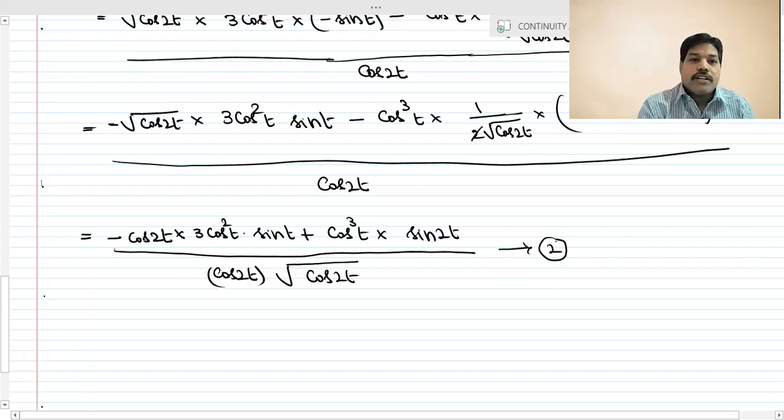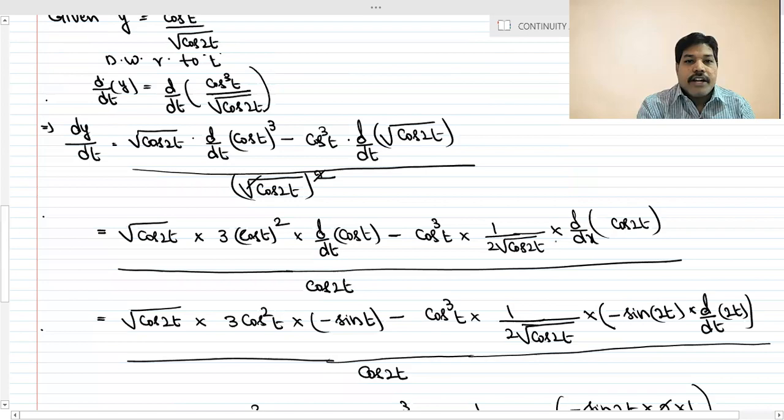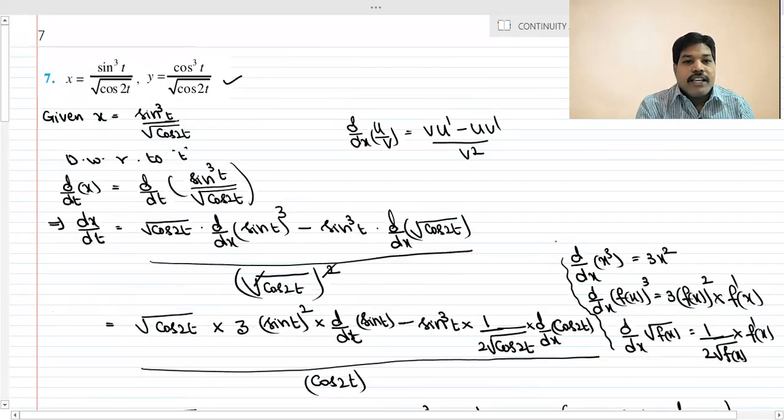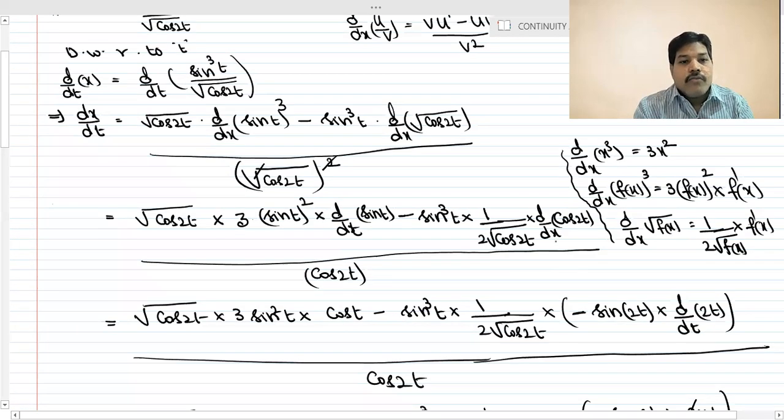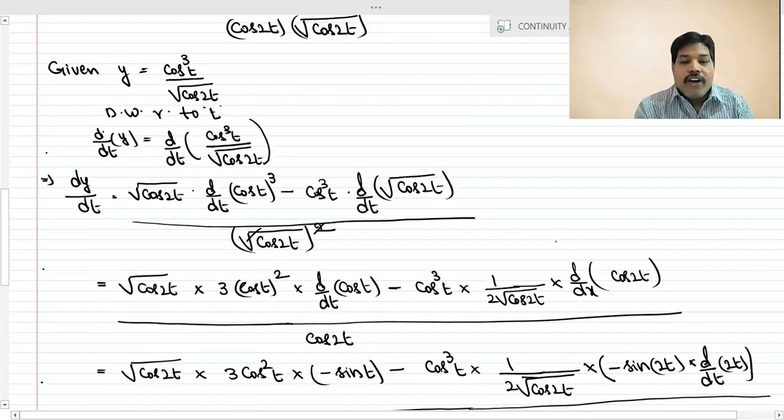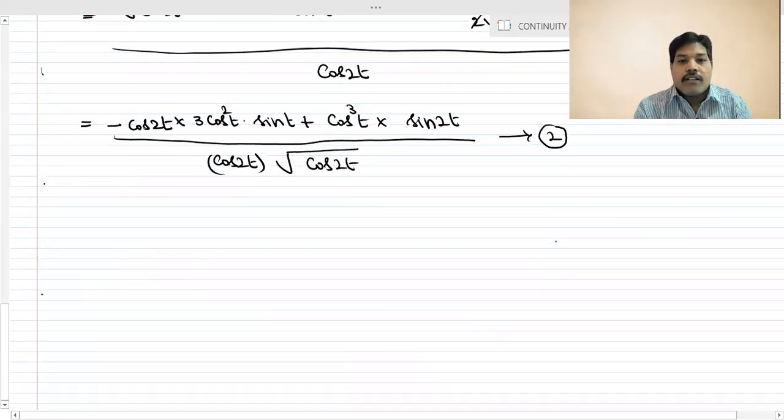So see that one here, students. So first I calculated the dy by dx by dt value. Then we calculated that y is equal to cos cube t by root cos 2t. We differentiated with respect to t. So I calculated the dy by dt value. I got that second equation. Then what I will do?